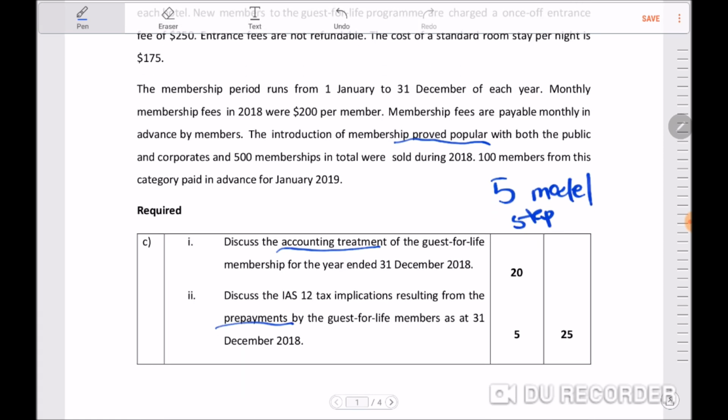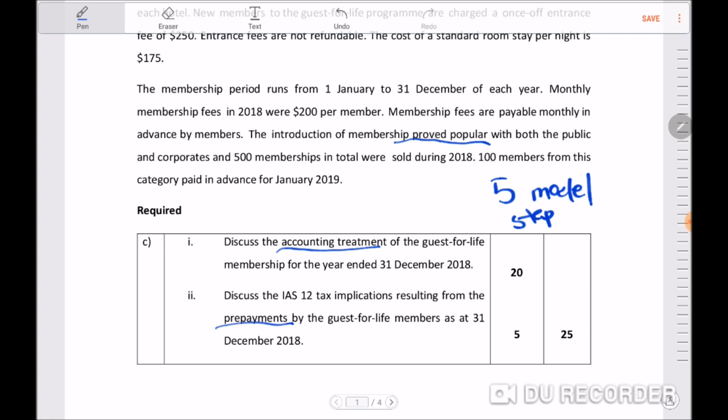So in discussing the IAS 12 tax implications, following the recent amendment to Section 8 of the Income Tax Act, which covers the gross income definition, ZIMRA and IFRS have now aligned their timing of recognizing prepayments. So to this extent, the prepayments will have a carrying amount. The carrying amount of the prepayments as at 31 December will be equal to the tax base of the prepayments as at 31 December 2018.